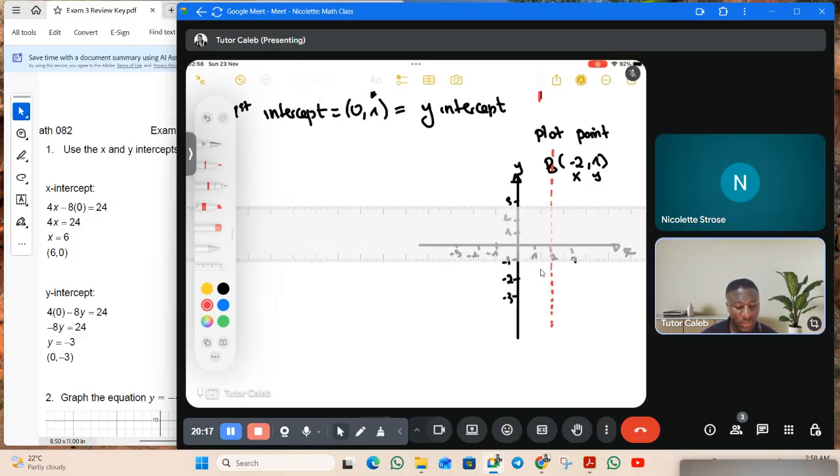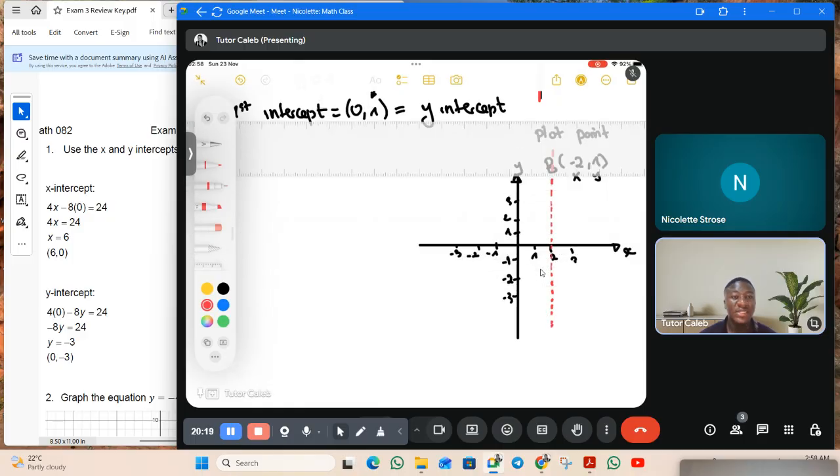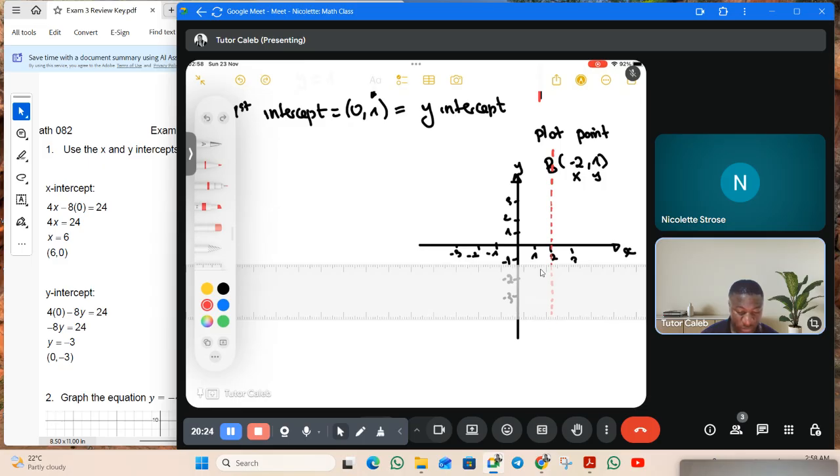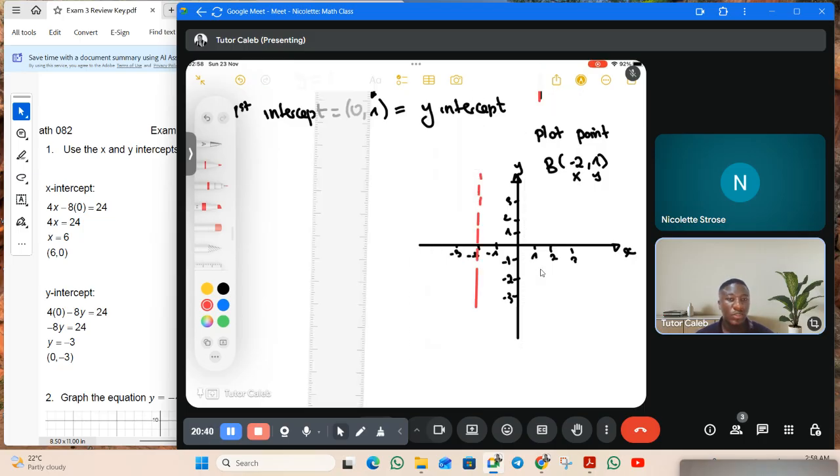No, I made a mistake, sorry. The x coordinate is at negative 2, not 2. So since it's negative 2, I'll have to draw it on the left here. Supposed to be here. So I have to draw it rather here, like this. Now this is negative 2 this way.